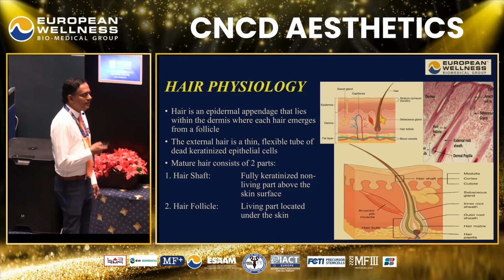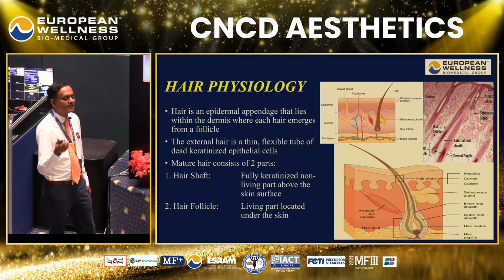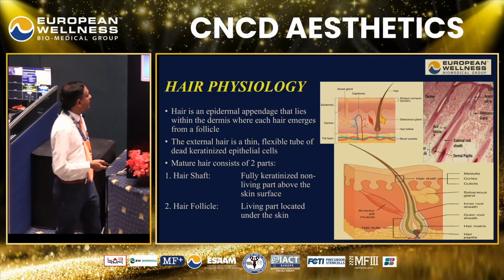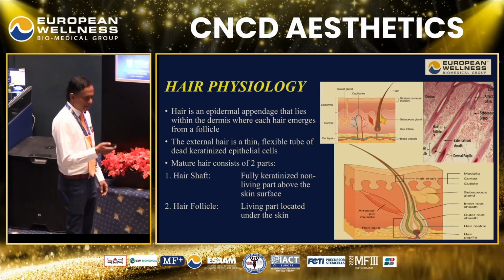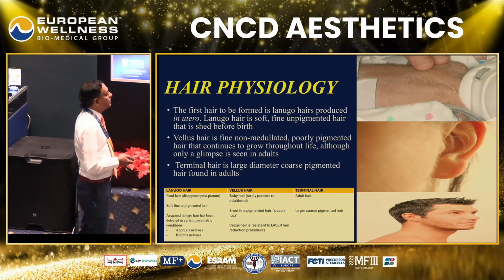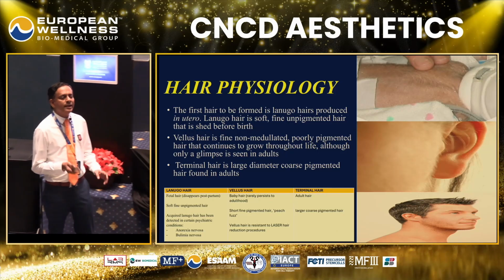Right, a little bit of basics on the hair. What you see in your hair above the skin is the hair shaft, okay? Below the hair shaft, there is also the hair follicle, and at the root of it is the hair bulb, okay? This is basically the anatomy of the hair. The first hair to be found is lanugo hair, okay? Lanugo hair is in utero.